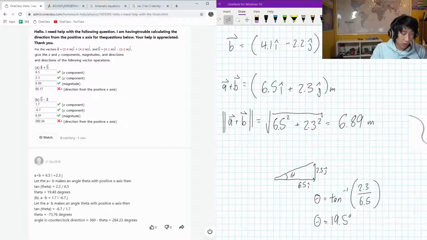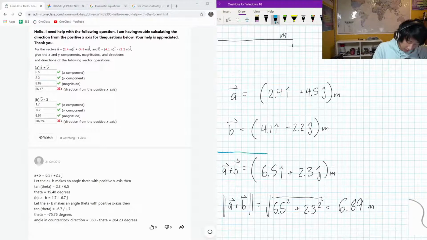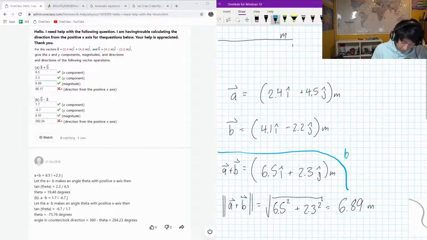Okay, so the second part of this question is asking for the vector b minus a. Maybe I'll do this in a different color just to show the separation, but it's a very similar procedure. For vector b minus vector a, we're just doing those components individually.